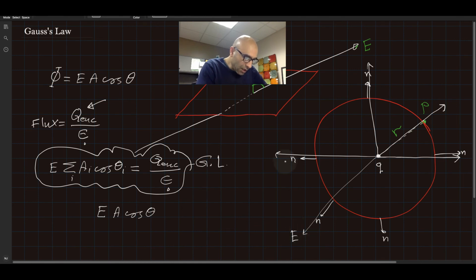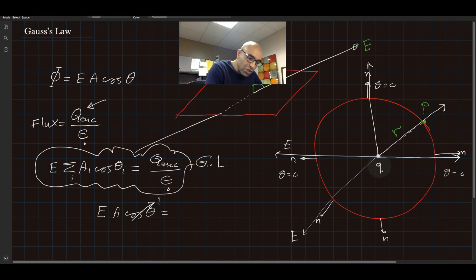So the electric field lines, every time you look at it, and the angle between the electric field lines and the normal is always what? Theta is equal to 0 here. Theta is equal to 0 here. Theta is equal to 0 here. So the choice of this spherical surface made it easier for us because theta is always 0 and cosine 0 is what? 1.